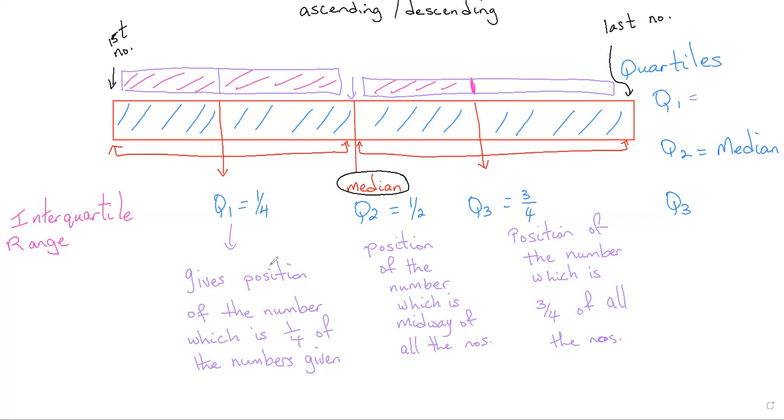Your Q1 gives the position of the number which is 1/4 of the way along all the numbers given. And then your Q3 gives the position of the number which is 3/4 of the way of all the numbers given.